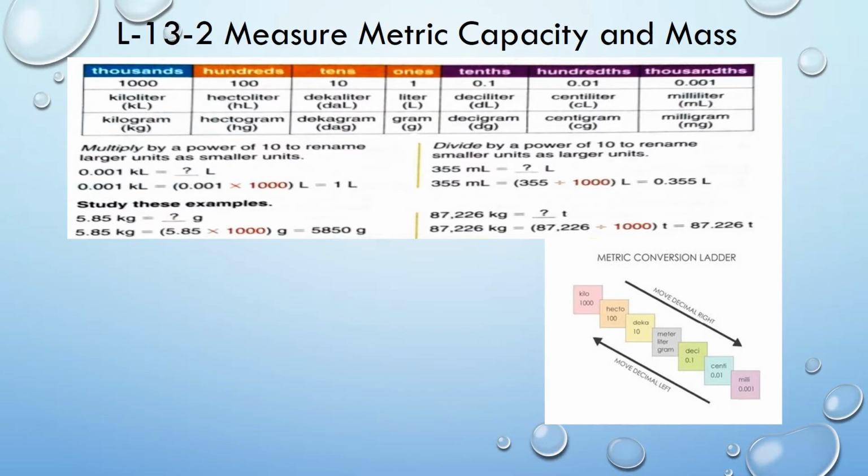Now you conversion of capacity from kiloliter to hectoliter, decaliter, like this, or milliliter. Then in this one, kiloliter, hectoliter, decaliter, liter, deciliter, centiliter, and milliliter.